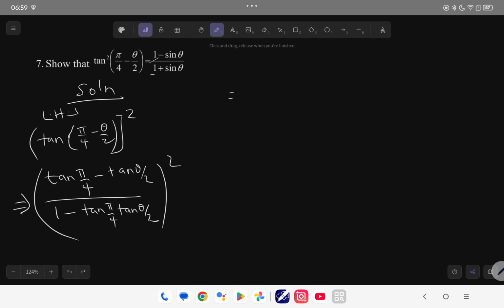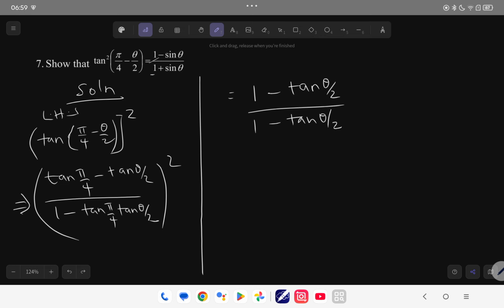Now tan pi over 4, trying to maintain some good blackboard management. Now tan pi over 4 is 1, tan 45 of course is 1, so we have 1 minus tan theta over 2 out of 1 plus tan theta over 2, but the whole thing is squared.